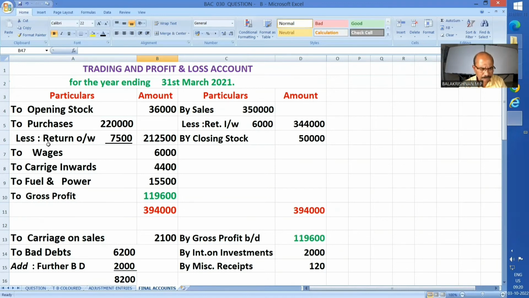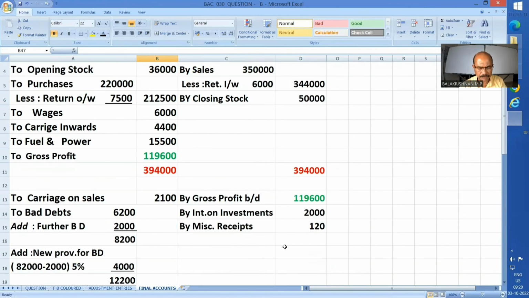However, returns, purchase return from purchase and sales return from sales have been adjusted and the net amount has been shown. This side is heavier, put it here. Difference I find, gross profit 1,19,600. That I am bringing down to my profit and loss account.